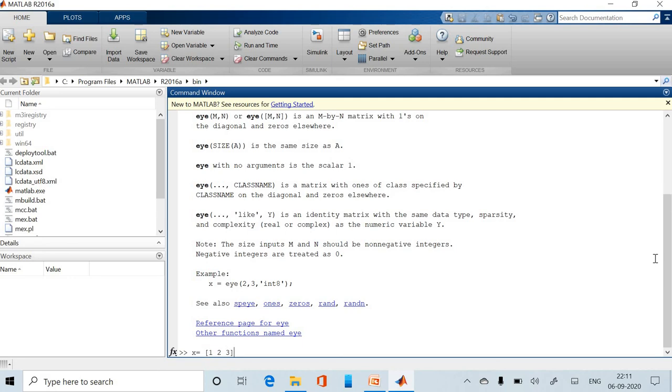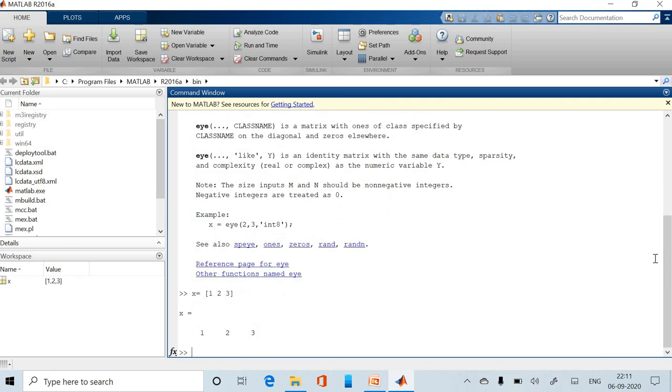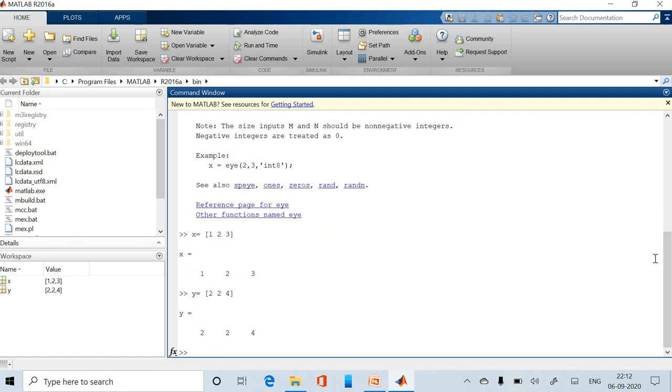Now if I press enter, and y is equal to 2, 3, 4, and then press enter.